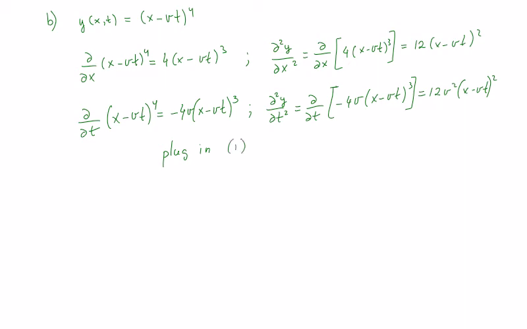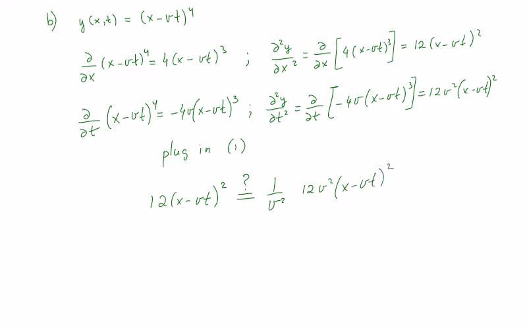Then on the left side, d2y dx squared will be 12 (x minus vt) squared, and we're interested to see whether this equals the right side, which was 1 over v squared times 12 v squared times (x minus vt) squared.